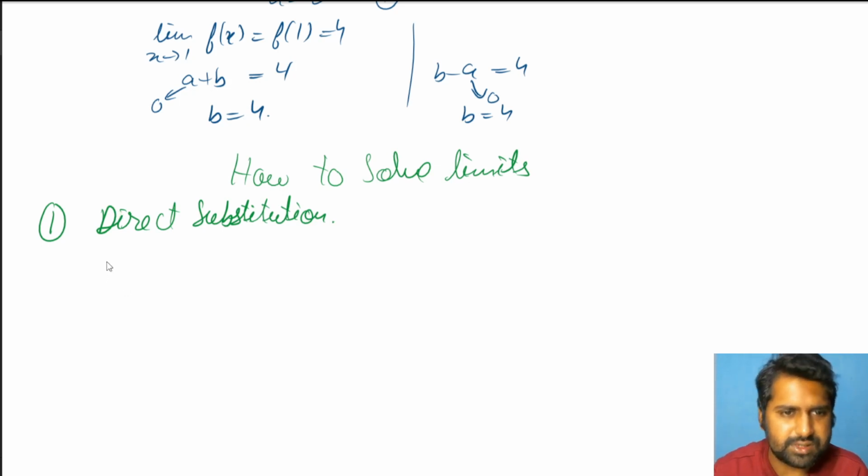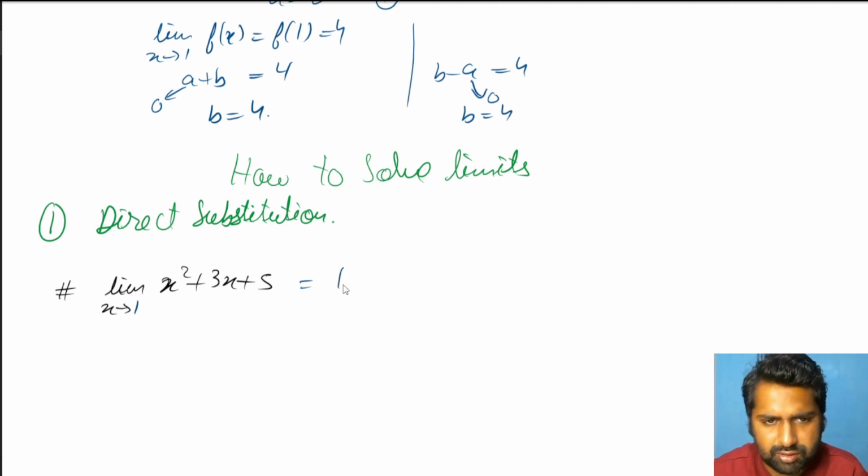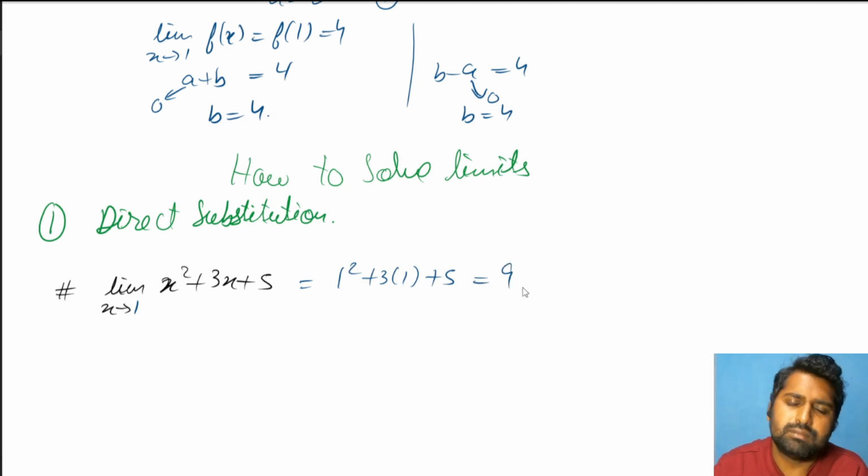Suppose you have limit x tends to 1 and your function is x square plus 3x plus 5. How do you calculate this? Just directly replace x with 1: 1 square plus 3 into 1 plus 5. You get 1 plus 3 is 4, plus 5, 9. That is direct substitution.